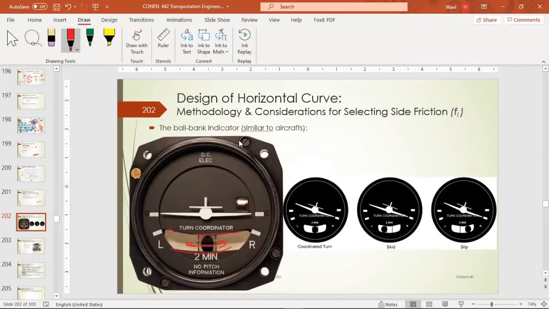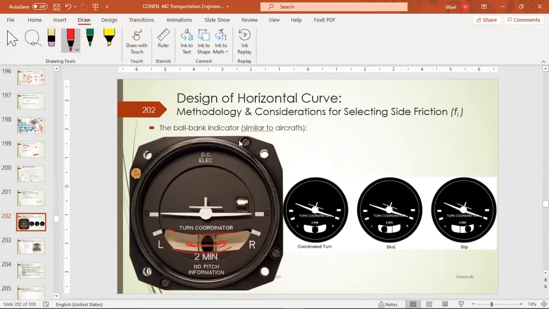So if the aircraft turns, banking left or right, this pole can go either way. But if it's a coordinated turn, it's going to stay in the middle. That's why while you are on an aircraft and it's turning and you are holding a cup of water, no water is going to spill out of it. And the surface of the water is just flat, it's not affected by the banking angle because the aircraft at that time is turning.